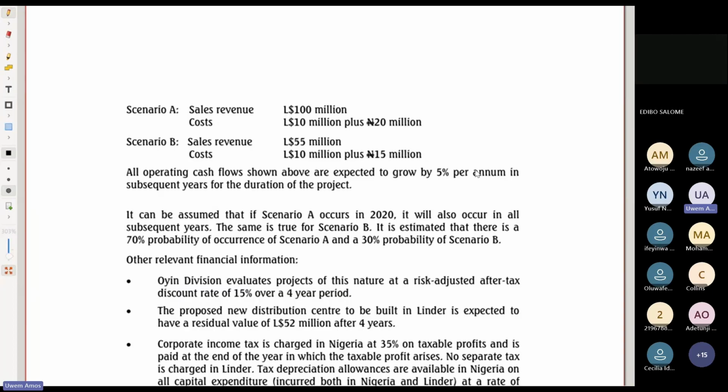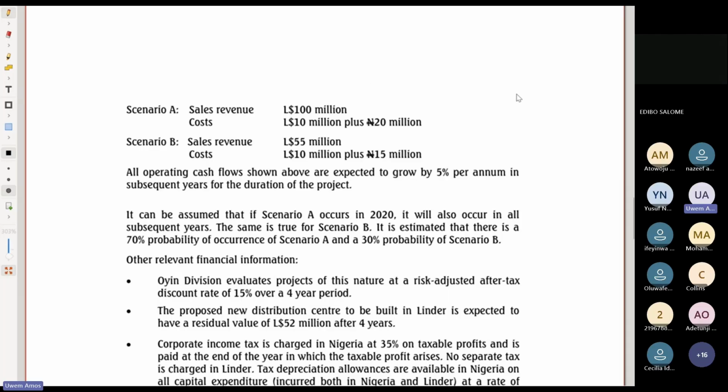So that's for Scenario A. And then for Scenario B, you have sales revenue of 55 million. And then you have the cost given to us. There's no need to read that. All operating cash flows shown above are expected to grow by 5% per annum in subsequent years for the duration of the project.